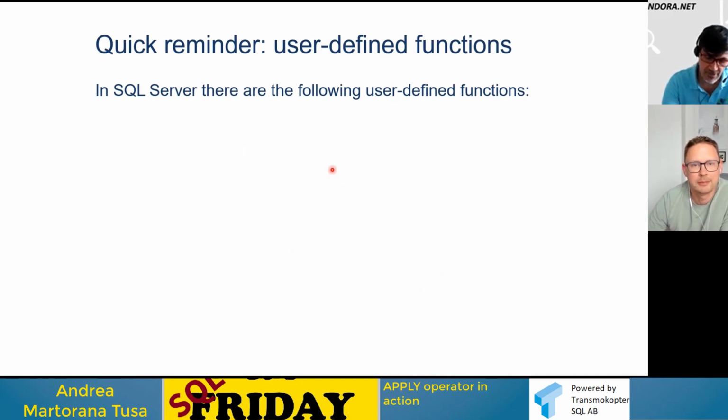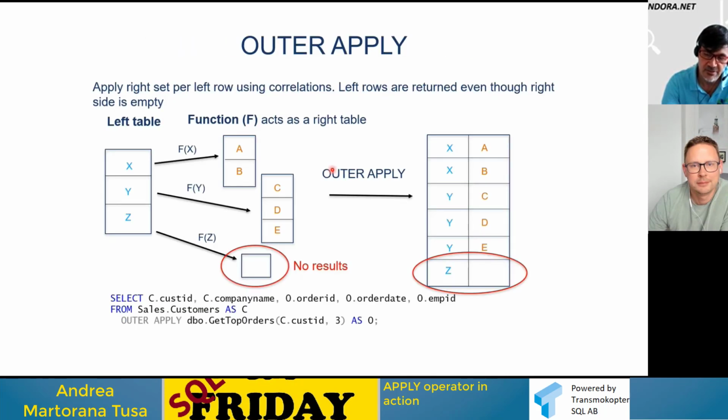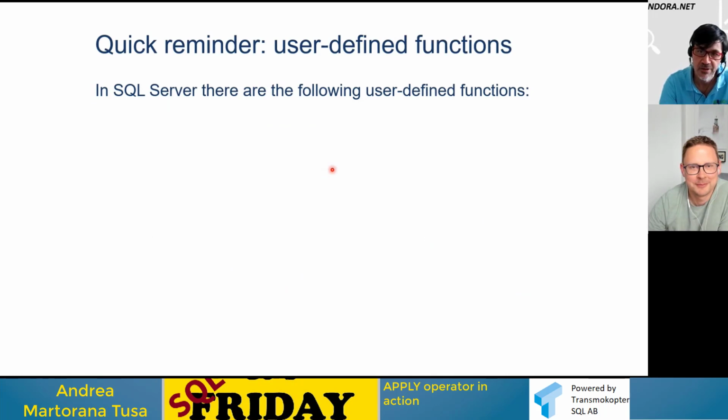Okay, so a very key concept is that in the apply operator, 99% of the time we are calling functions. We are calling user-defined functions in SQL Server. So just a quick reminder, what kind of functions do we have in SQL Server?